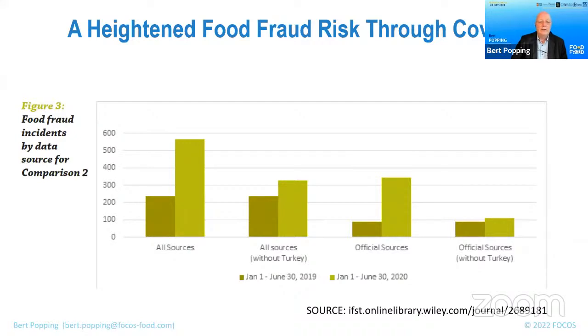And what you can see, if you just look at the official sources here, is that there is already, based on Corona alone, and that was before the Ukraine invasion by Russia started, a significant increase in food fraud cases.